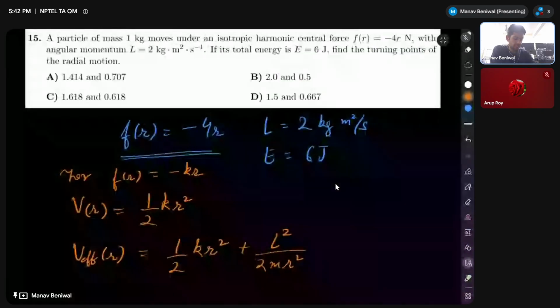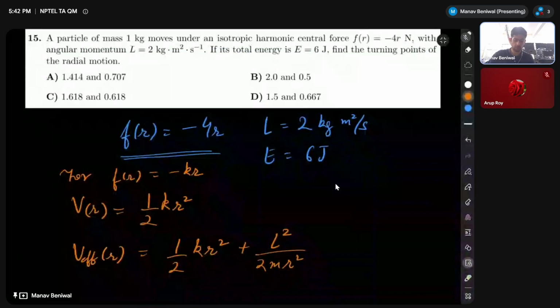We can see there is a competition happening between the first term and the second term. As r is increasing, the first term is increasing and the second term is decreasing. And if r is decreasing, our first term decreases and the second term increases.